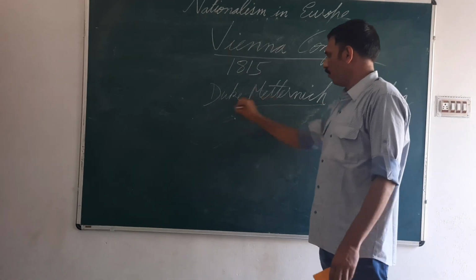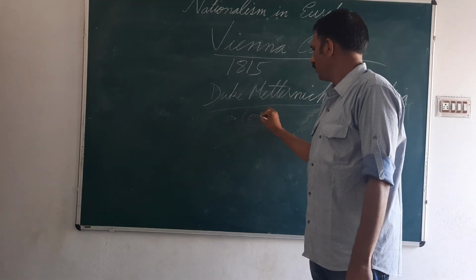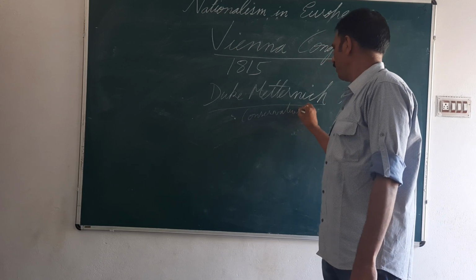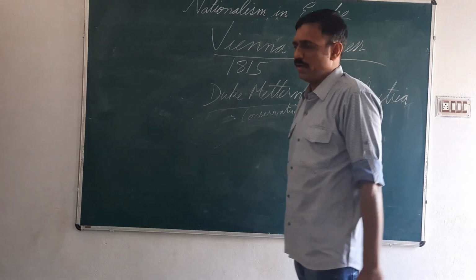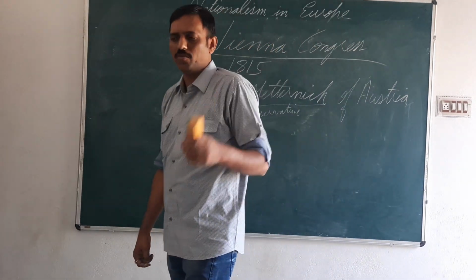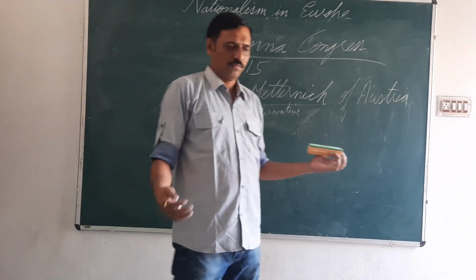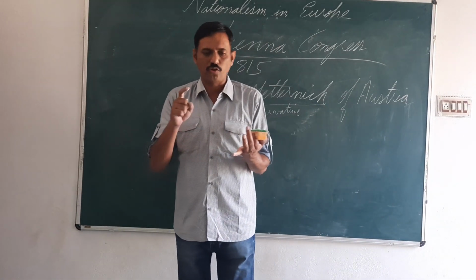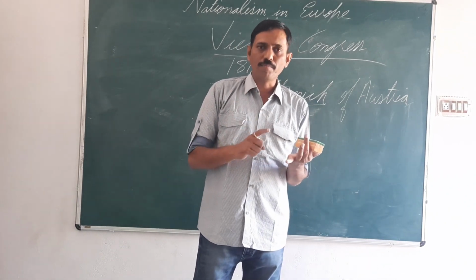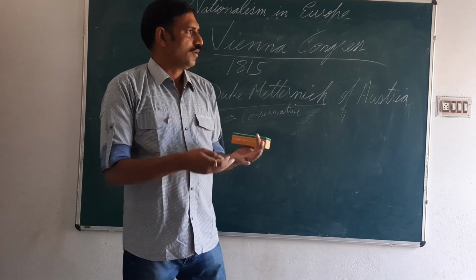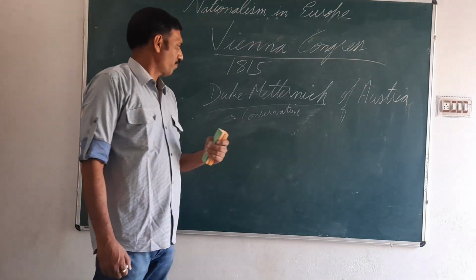He was a conservative by ideology. When Napoleon was defeated in the Battle of Waterloo in 1815, he was defeated by a joint army of Austria, Russia, and Britain. So these countries united and defeated Napoleon.